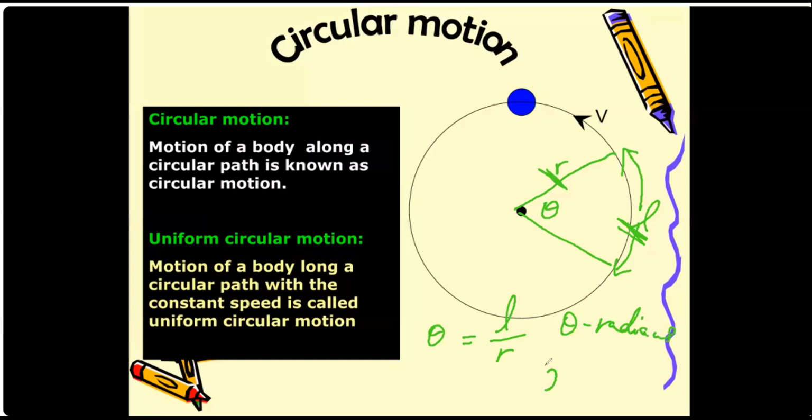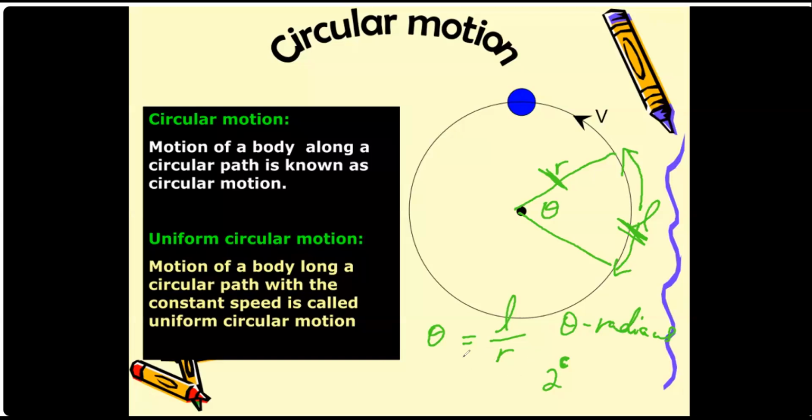So if you write 2 radians, you write 2 with a little c. I think the c means circa.